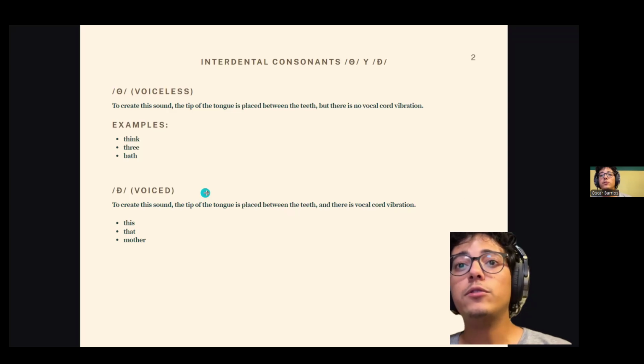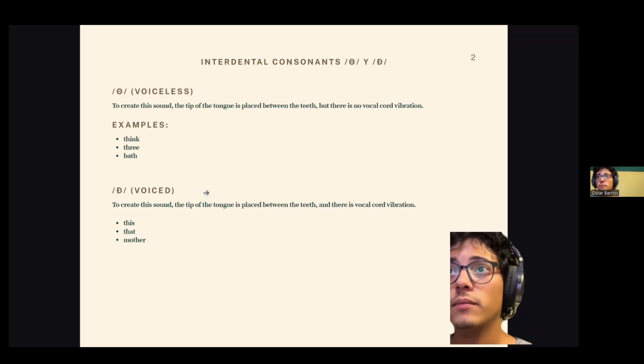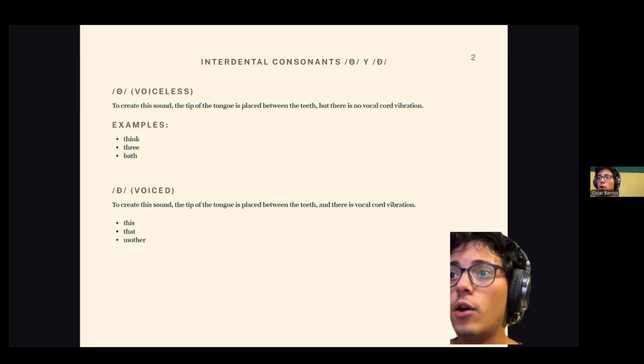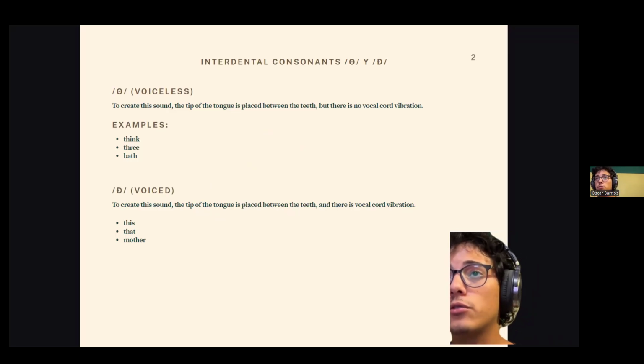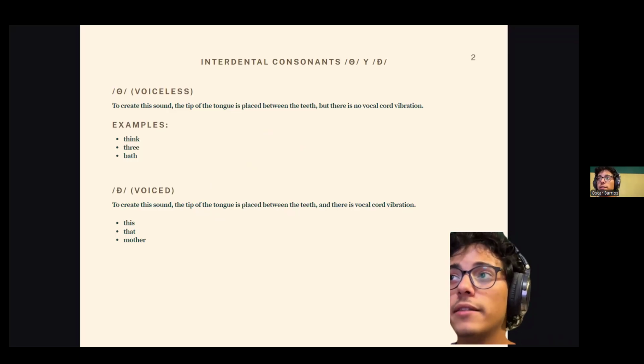So moving on to the voiced interdental consonant, a voiced sound. Again, we're going to place the tip of the tongue between the teeth, but now we must produce the vibration of our vocal cords in order to properly pronounce this sound.